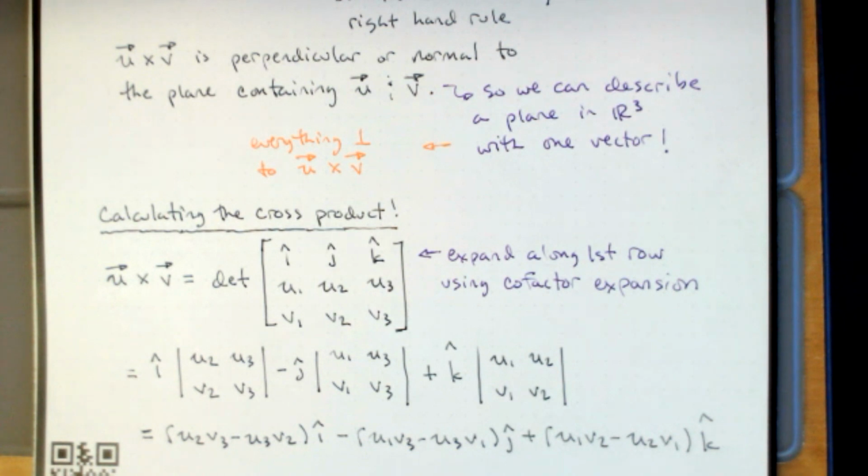Since j is in the second column, there's not going to be any u2 or v2. I'm going to make products of u1, v3 and u3, v1. The subscripts never match in any of the scalar products. And then k takes out u3 and v3. So I'm going to have u1 and v2 minus u2 and v1.